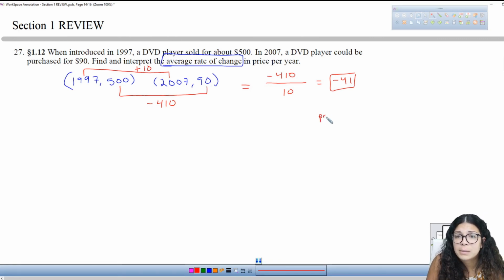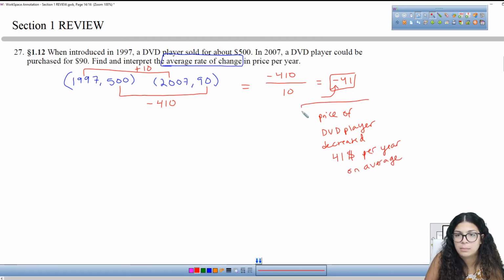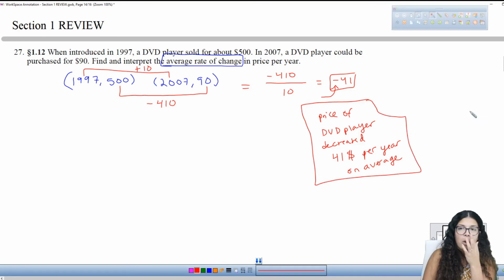The price of the DVD player decreased $41 per year on average. Okay. All right.